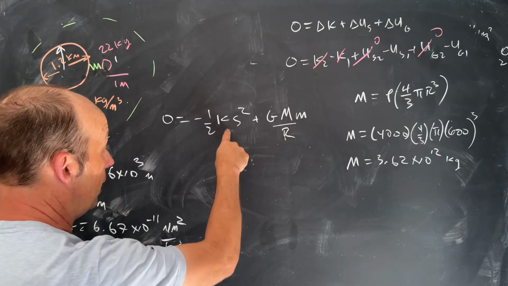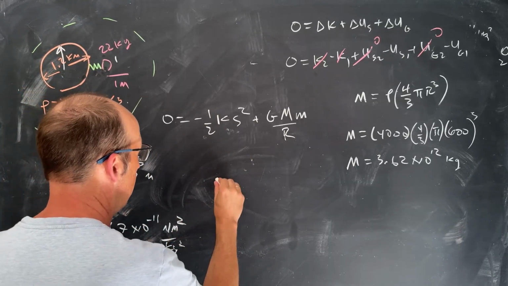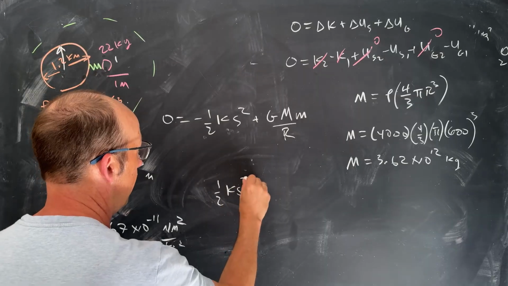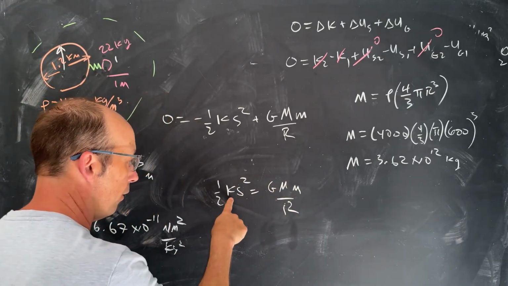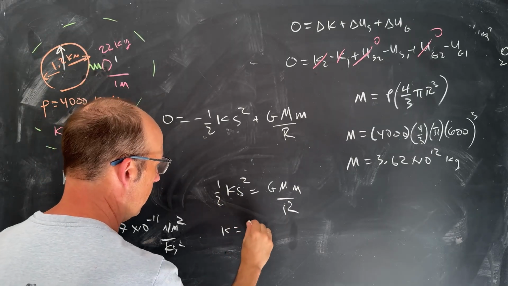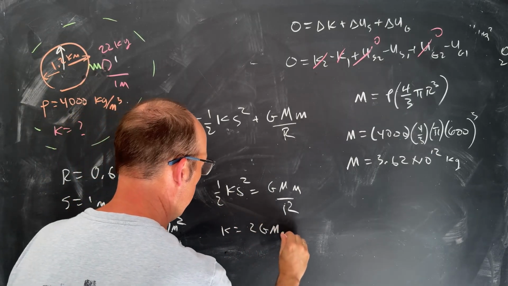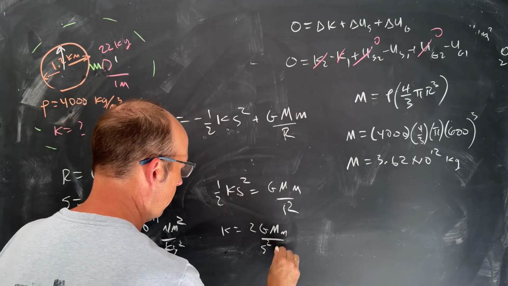So now I have that. I have everything I need to solve for k. So let's solve this for k. I'm going to add that to both sides. I have 1/2 k s squared is equal to G M over r. I want to solve for k, so I'm going to multiply by 2 and divide by s squared. K is 2 G M over s squared r.